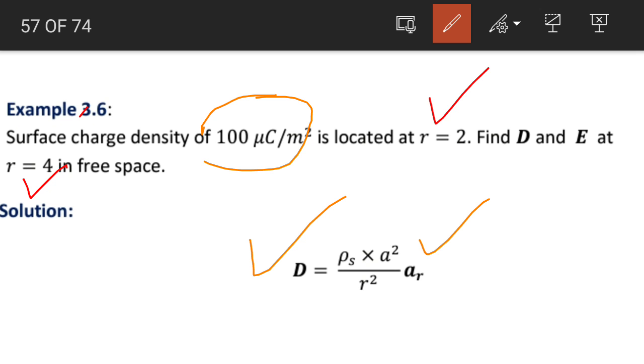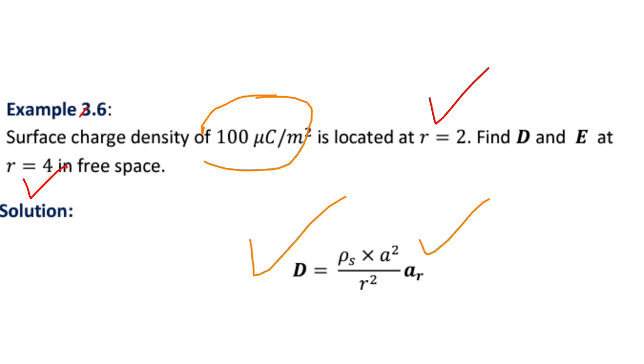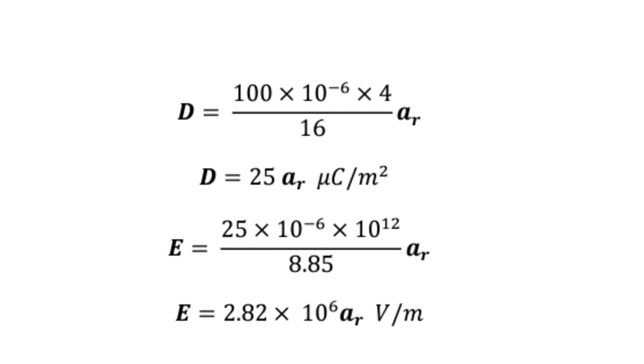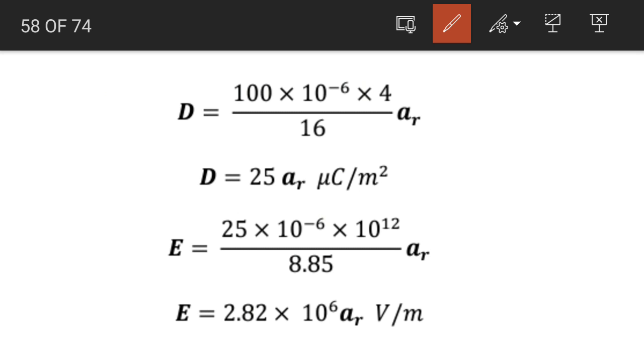So let us put the values in this particular equation. We have rho s, which is 100 microcoulomb per square meter, a square is 4, r square is 16, and the electric flux density is 25 ar microcoulomb per square meter.